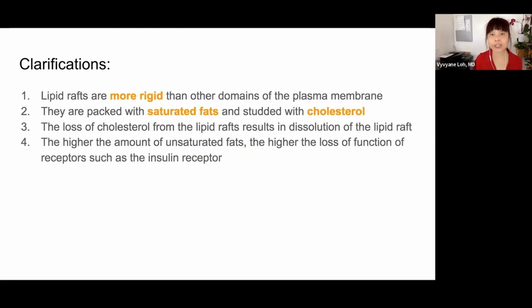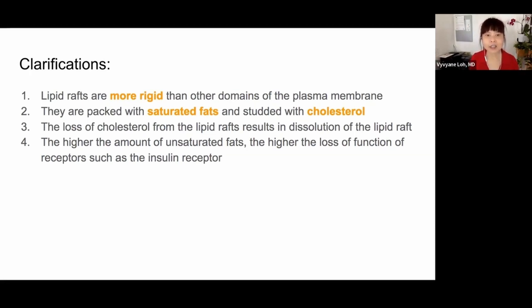So my clarifications for this part, and this is really important, we want to remember that lipid rafts are more rigid, okay, than other domains of the plasma membrane. And they are packed with saturated fats and studded with cholesterol and sphingomyelin, right? And put that in. But the loss of cholesterol from the lipid rafts results in dissolution of the lipid raft.